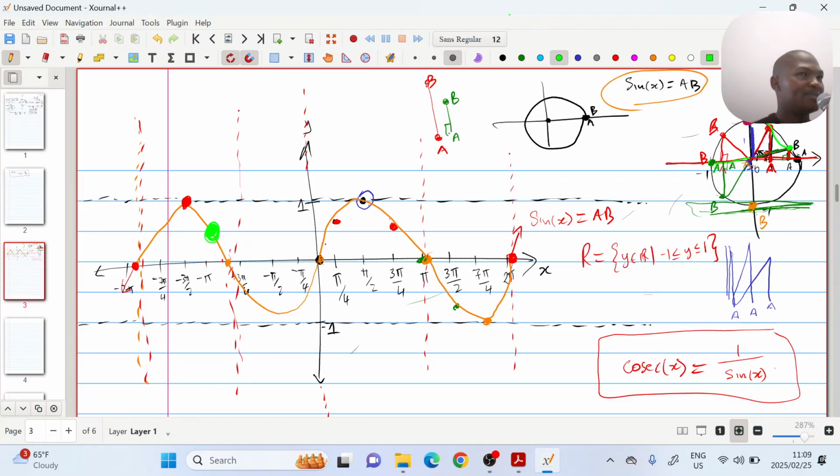Let me repeat. If I pick a value that is between 1 and 0, because I want a value I can work with, I am picking 1/2, which is 0.5. If I say 1 divided by 0.5, or divided by 1/2, will I get a value that's above 1 or below 1?